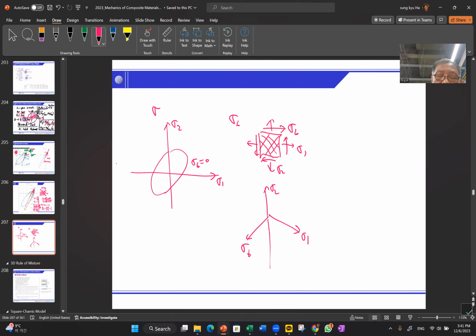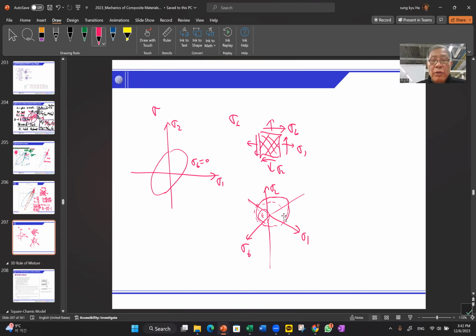And then the one we plotted was just on this plane, right? Sigma 6 equals 0. If sigma 6 is non-zero, then we will have a kind of 3D ellipse or some volume.